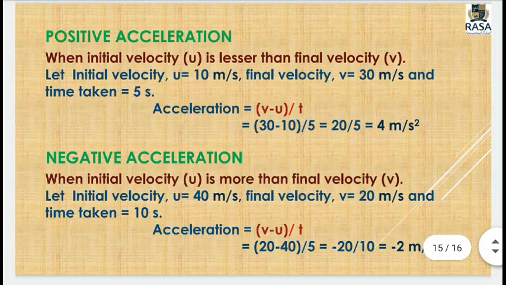So let the initial velocity be 40 meter per second, final is 20 meter per second, and time taken is 10 seconds. So the acceleration will be 20 minus 40 divided by 10, minus 20 by 10, it is minus 2 meter per second square. So that leads to a negative sign, which indicates a deceleration of 2 meter per second square.